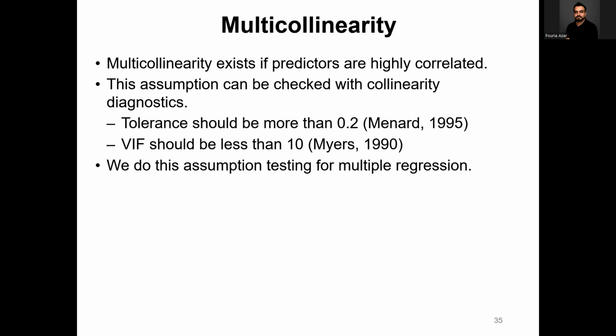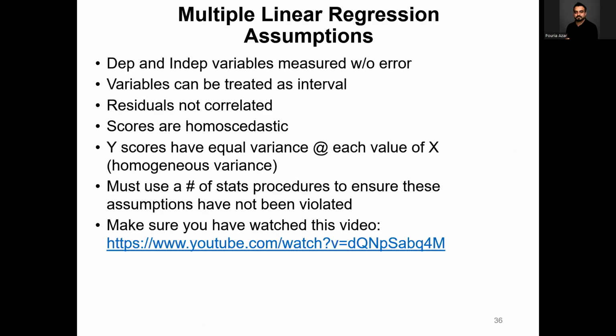Then I would say there is no issue regarding multicollinearity, or the assumption for multicollinearity has been met. So multiple linear regression assumptions are similar to simple linear regression assumptions except for multicollinearity.